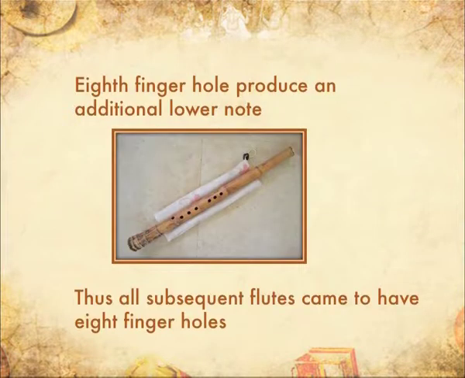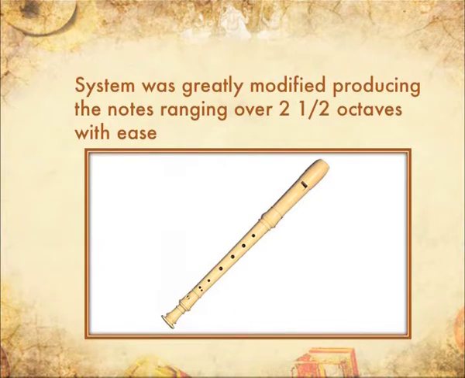The advantage of an 8th finger hole helping to produce an additional lower note was recognized, and all subsequent flutes came to have 8 finger holes. At the same time, the system was greatly modified to enable notes ranging over 2.5 octaves to be played with ease.